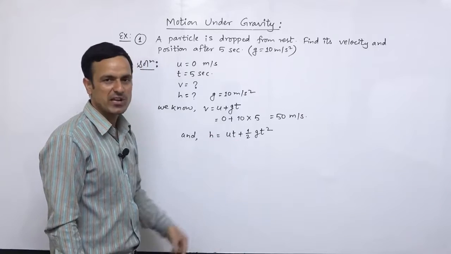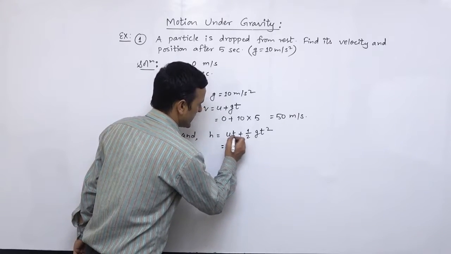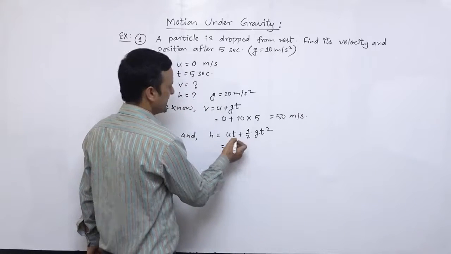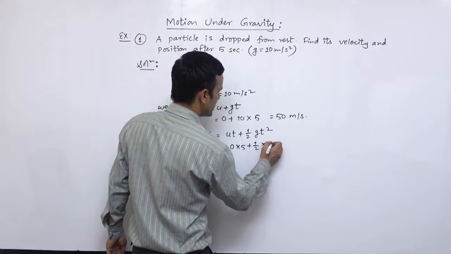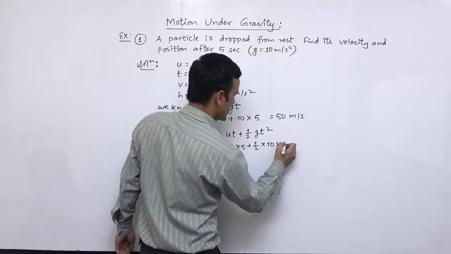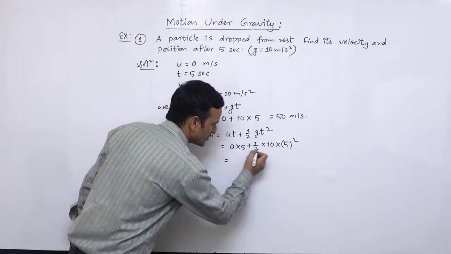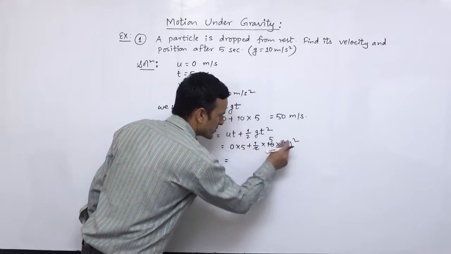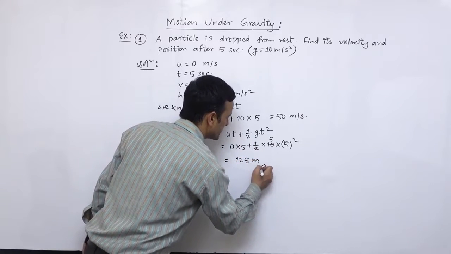That's why this formula is suitable. u is equal to 0. What will be 0 into 5 plus 1 by 2, g means 10 and t means 5 square. So 2 5s are 10 and 25 5s are 125 meter.